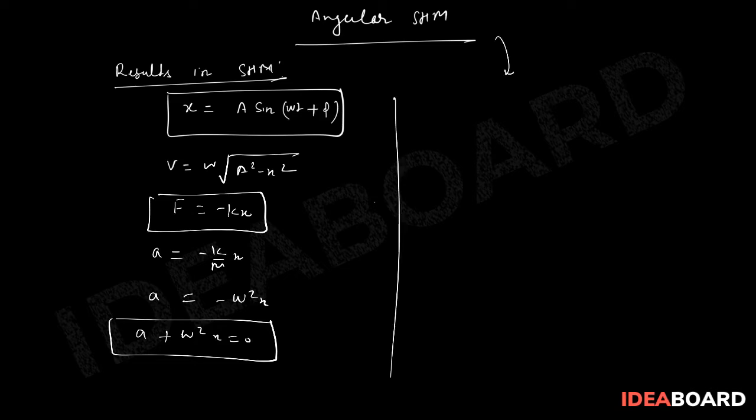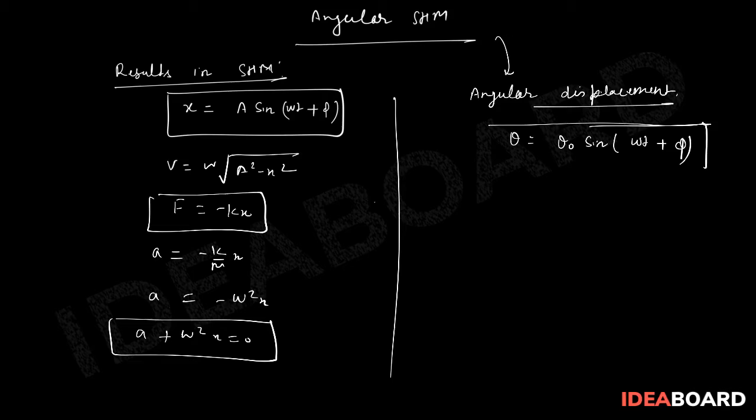But when I am talking about angular SHM, here displacement will become theta, because we need angular displacement. So angular displacement will be given by theta is equal to theta naught sine omega t plus phi.